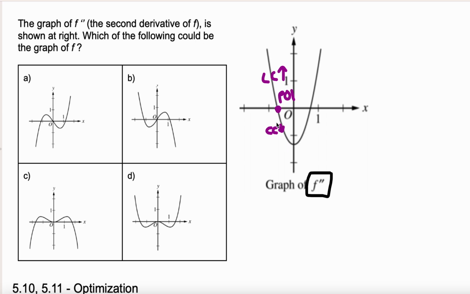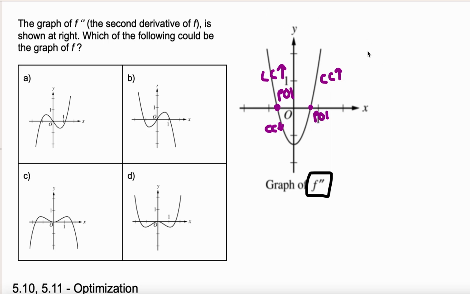Now it's going to stay concave down all the way to there, and then right around this dot, that is a second POI, and now I turn into concave up again. So concave down, POI, concave up, POI, concave down, POI, concave up.